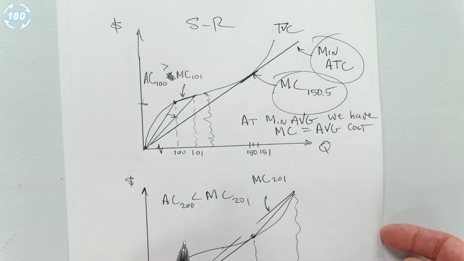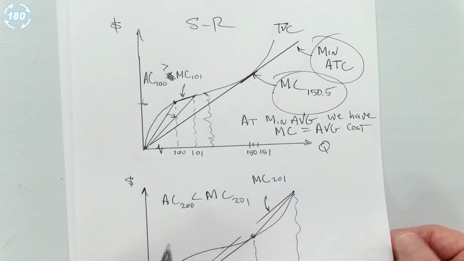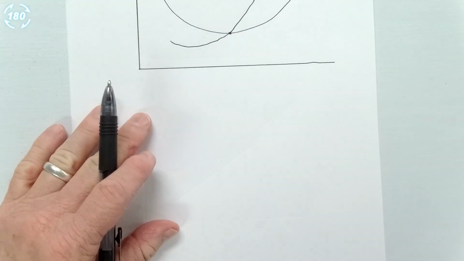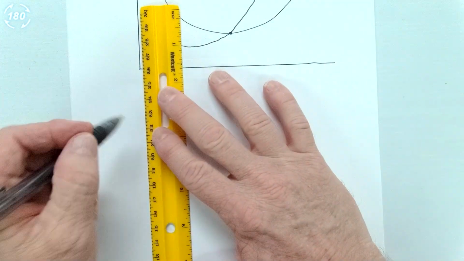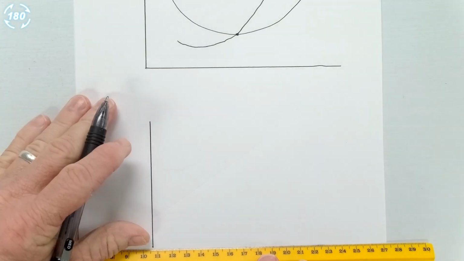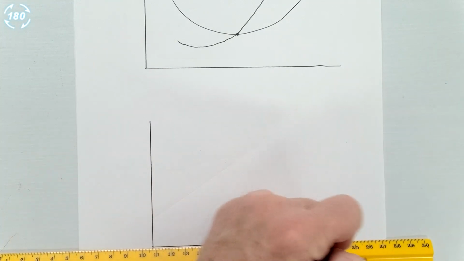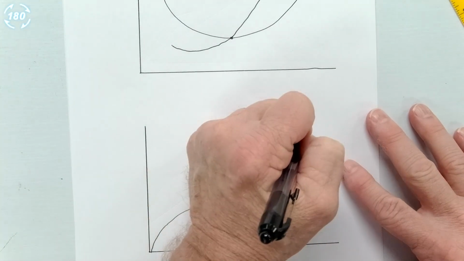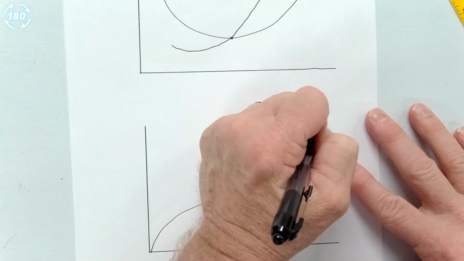What's the relationship between the average total cost curve and the average variable cost curve? Let's just think about that a second. I'm kind of doing a little chalk talk here this morning, but it's worthy of our contemplation, I really think. Here again is the average variable cost.